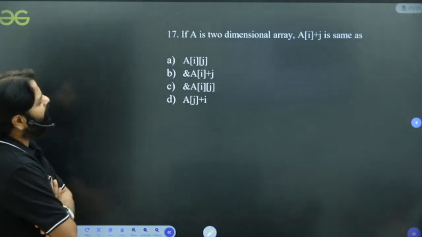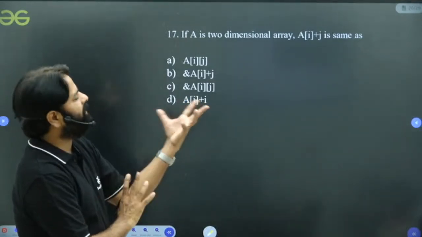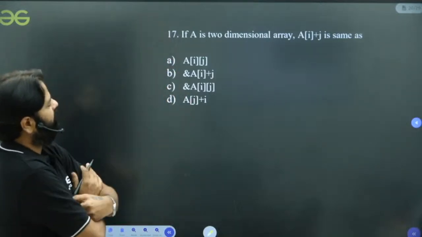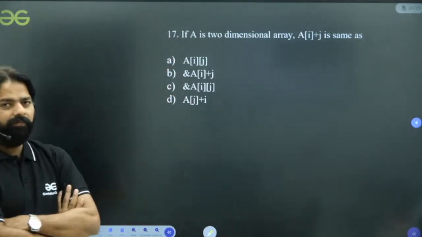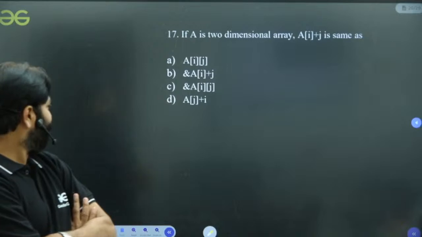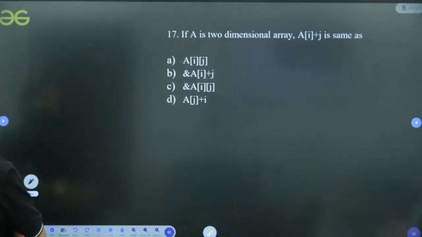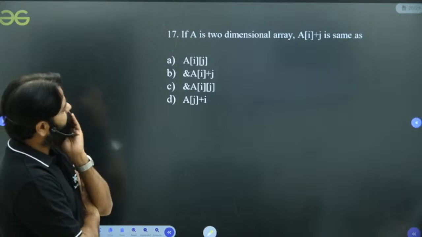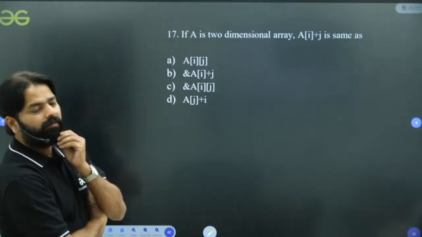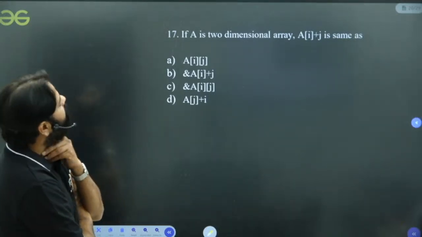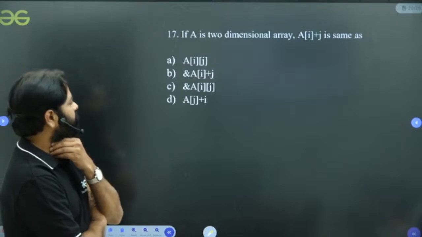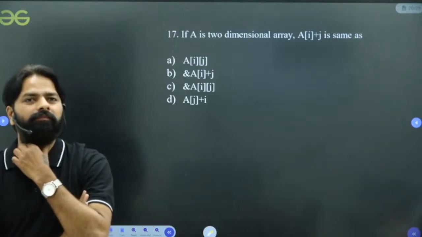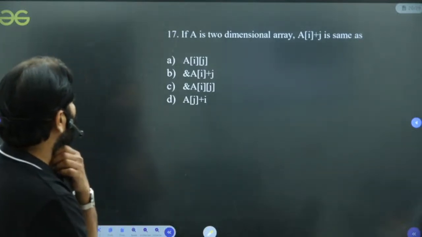If A is a two-dimensional array, A of I plus j is the same as, what do you feel here? So confident? Akash, why do you go for A?